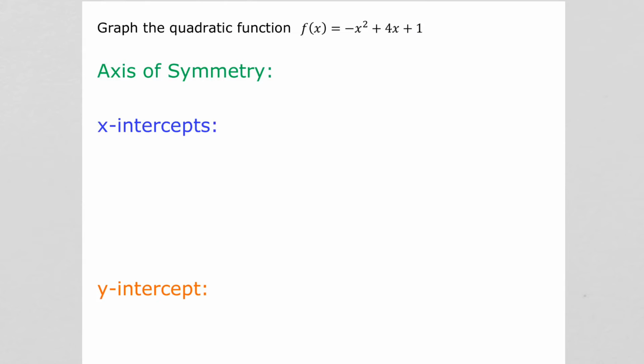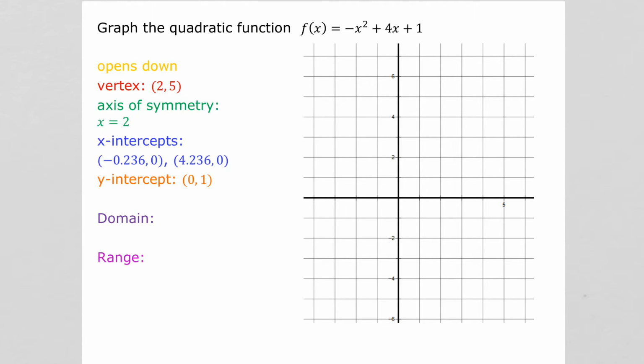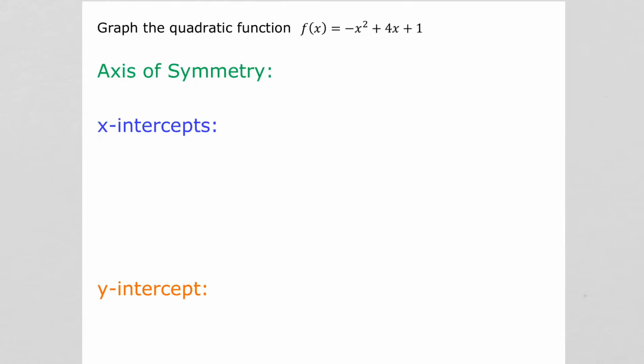So our vertex is the point 2, 5. I'm going to come over here on the graph and graph that real quick. So there it is. Next, the axis of symmetry. That is negative b over 2a. So we've already found that. Or the x value of the vertex. So x equals 2.